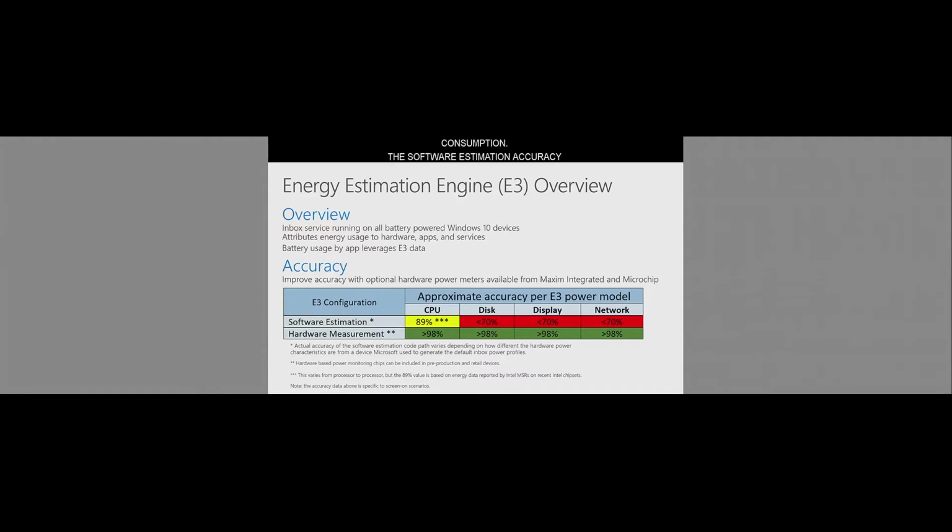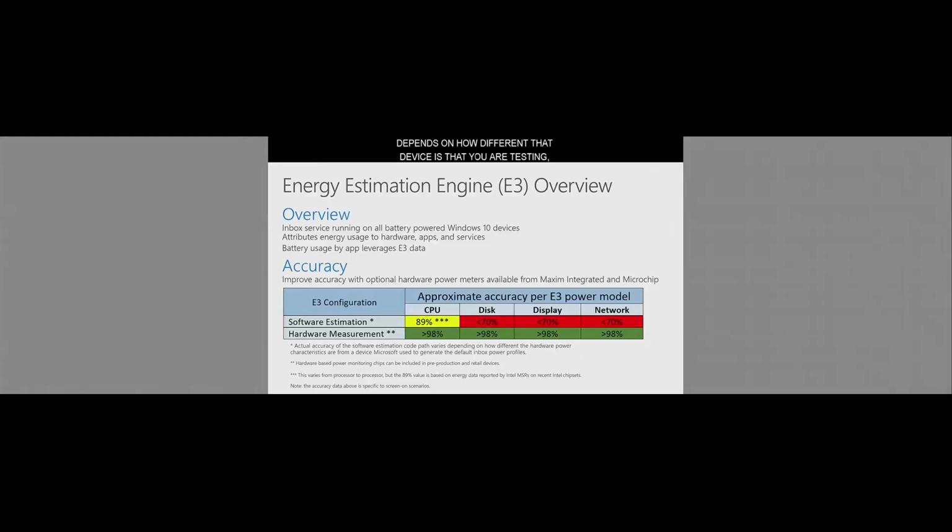Software estimation for the other power models like display, network, and disk is less than 70%. And I say less than because it depends on how different the power characteristics of the device you're testing are from the machine we use to generate our default E3 profiles in the OS.